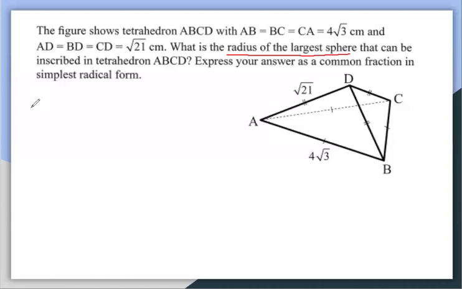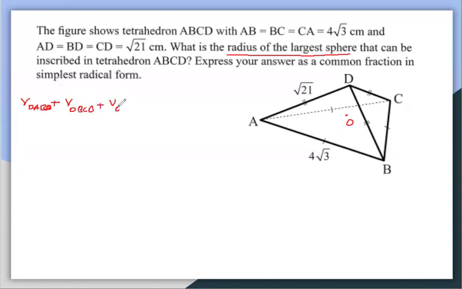So what I'm trying to say, let's say the center is O. If I take the volume of OABD, which is going to be just one pyramid, right? And then if you add this to the volume of OBCD, which is also one of the faces, we get another pyramid.